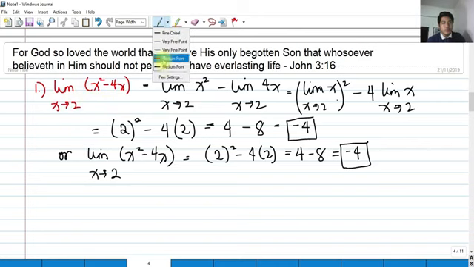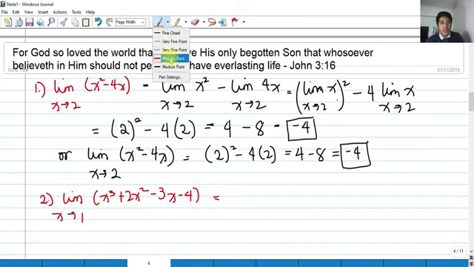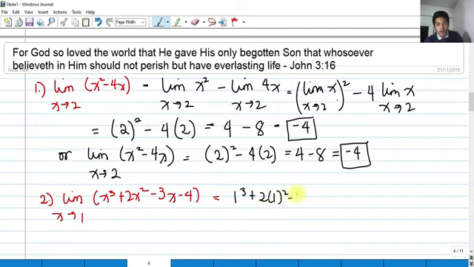For number 2, let's solve another problem. The limit of x cubed plus 2x squared minus 3x minus 4 as x approaches 1. As I said a while ago, this is a polynomial, so we can simply substitute the value of 1 for our x's. We have 1 cubed plus 2 times 1 squared minus 3 times 1 minus 4.